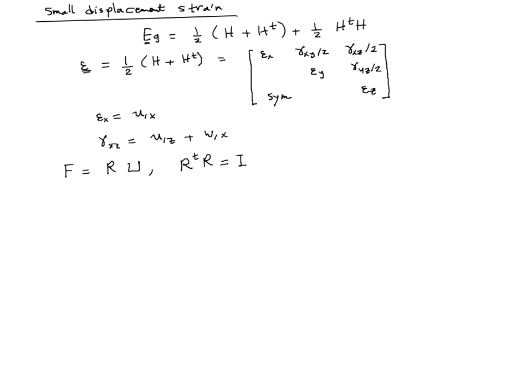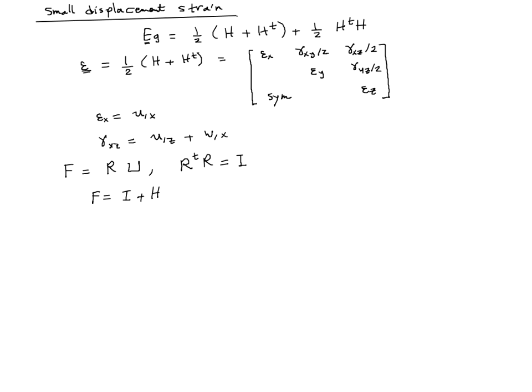So F itself is I plus H, where H is the displacement gradient. If H is small, then F is nearly unity. If F is unity, this means no deformation, because vectors before and after deformation become the same, identical.